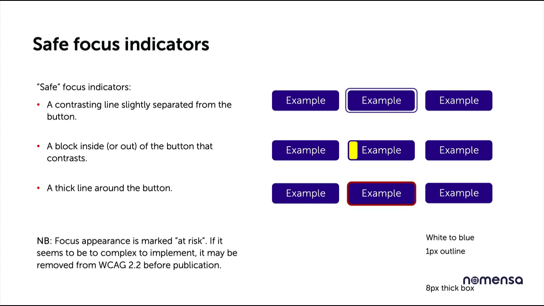Another approach is a block, either inside or next to the button, that has contrast both with its surroundings and that change of contrast. So in this case, a yellow block inside of a blue button is quite clear. And another safe focus indicator is a very thick indicator.